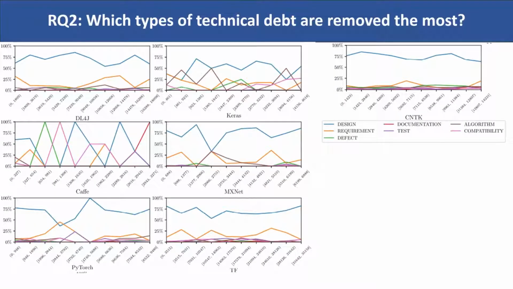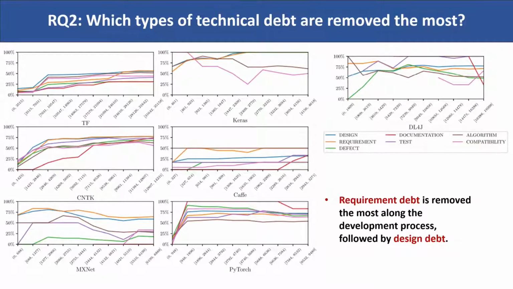Then we answer which types of technical debt are removed the most. We first characterize the distribution of different types of technical debt among the removed technical debt instances. This can reflect the allocation of developers' efforts in the resolution of technical debt. Then we characterize the proportion of removed SATD instances among introduced SATD instances for different types of technical debt.